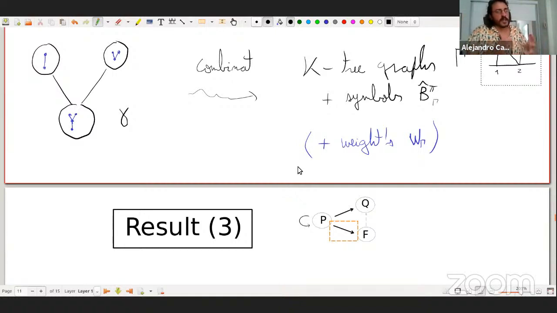So maps from the disk into the Poisson manifold, a particular set of PDEs for those maps, and a functional that takes maps and gives you a number. And combining all those ingredients, we will get a new perspective on the constructions that we got here, and also on the connections to the other things.